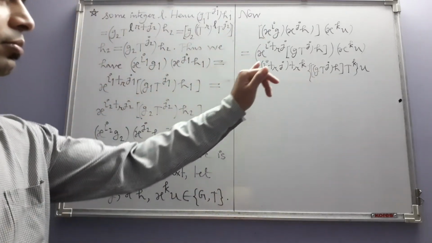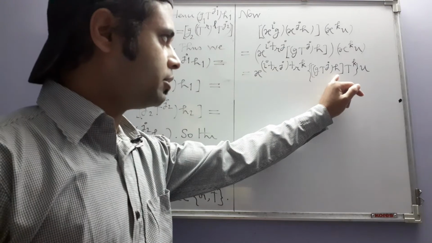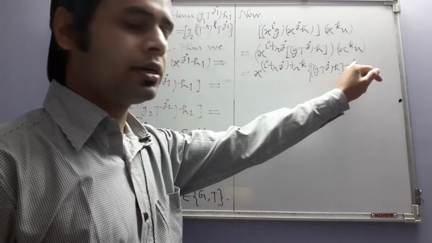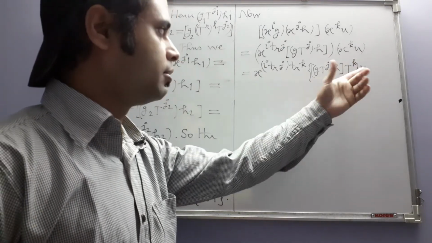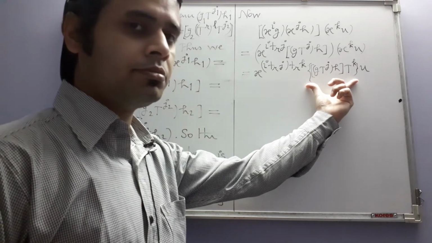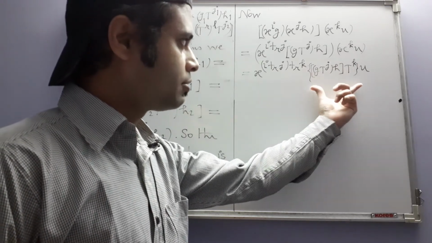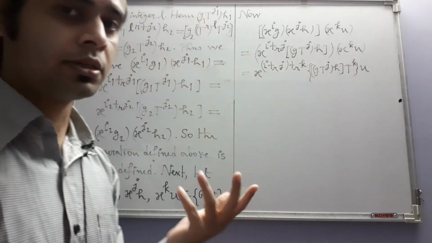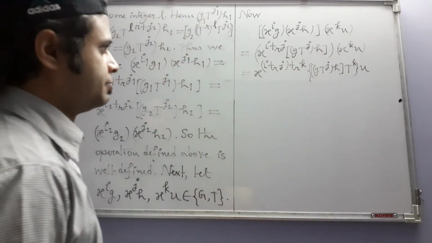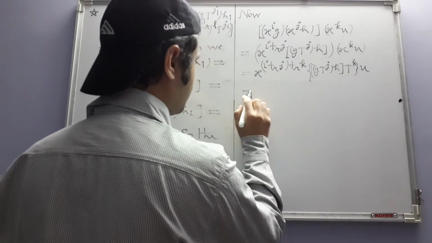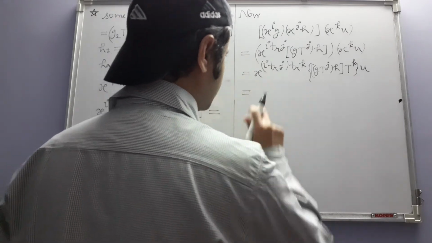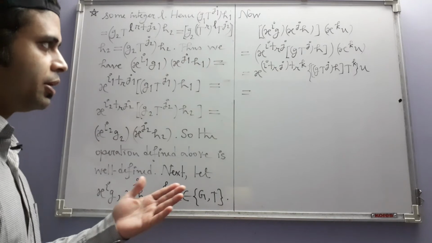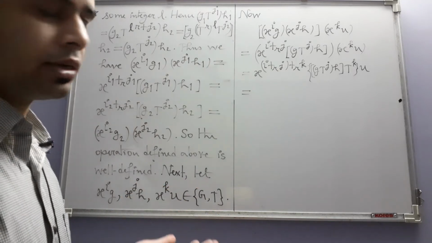Okay, so on this group element we have applied the automorphism t to the power k. Then again we get a group element. That group element, we are taking the product of that group element and u in the group capital G. Okay, now this is a place where you probably can guess what we are going to write next.